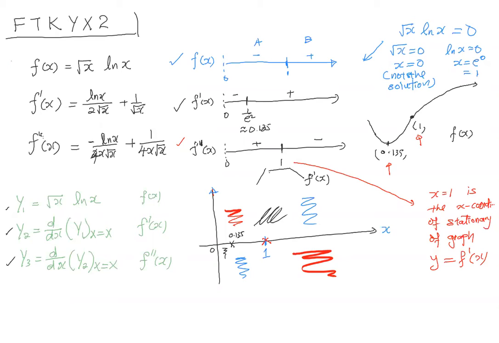So we put the window minimum as 0 and maximum as, maybe you want to put 1.5 or maybe you want to put 2. And make sure all these equations are highlighted. All the 3 are highlighted. Okay. You can put 2. Okay. After that, you go to zoom fit. You have to wait for some time.